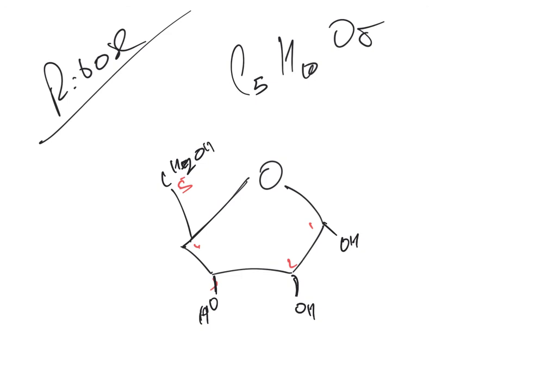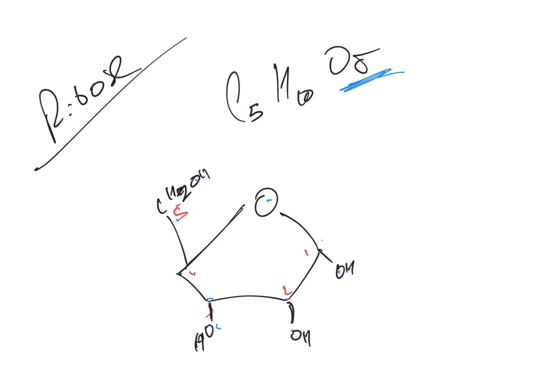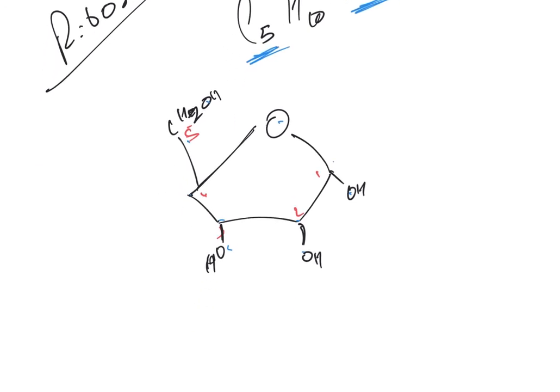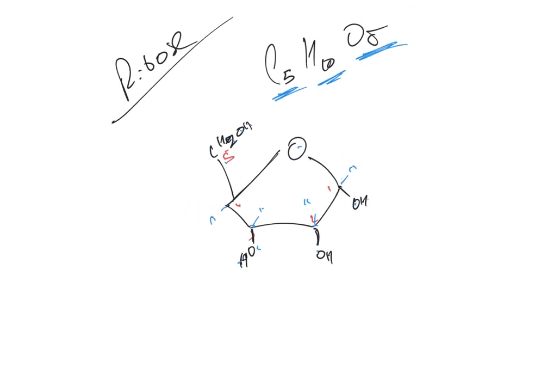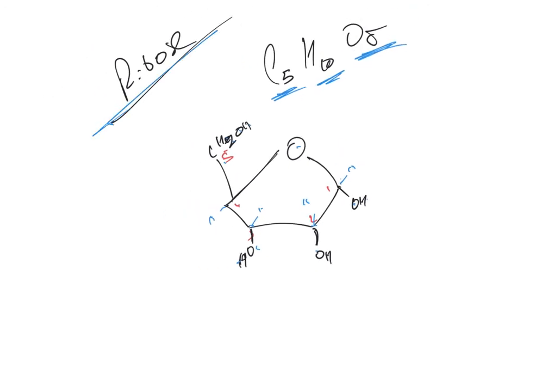How many O's do I have? 1, 2, 3, 4, 5. I have 5 O's. I have 5 carbons. And H's: 1, 2, 3, 4, 5, 6, 7, 8, 9, 10. I have 10 H's. So my ribose is correct. Bada bing, bada boom. We're done.